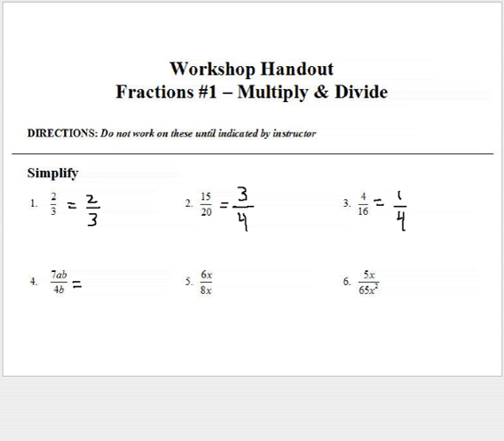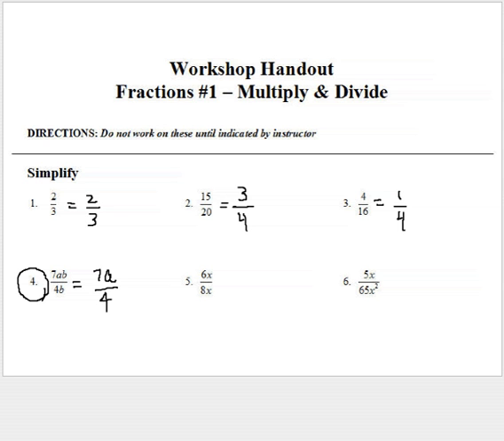So in this case, we can reduce the b, divide top and bottom of the fraction by b, then we would get 7a at the top and 4 at the bottom. Can I see a check mark next to everybody's name if you're okay with number 4? That's the first one with the variable. Good. All right.